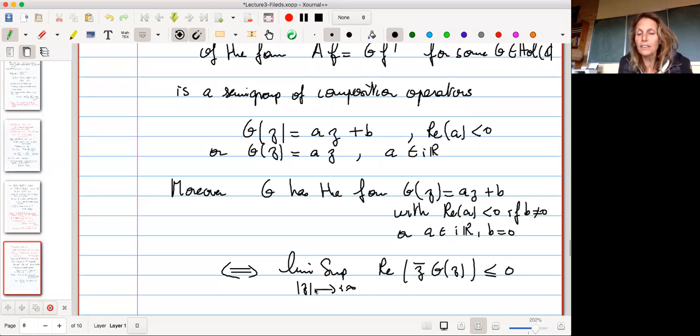So you recover exactly the same kind of criterion, which was the characterization of generators of semi-flows on the unit disk, but here it's on the whole complex plane, and you tend to infinity rather than the boundary. But what is the analog of the Berkson and Porta result? It's even much simpler, because the semi-flows are just a few in this case.